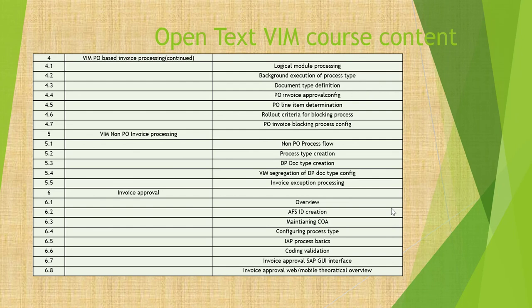So LIX plays the major role in VIM PO-based invoice processing. These are the standard product codes, right? What I'm talking about is PO and non-PO invoices. The product code is the logistics invoice verification process.